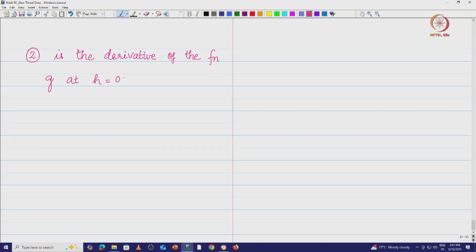What does it mean? This actually means you are going to look at dg of 0 divided by dh, which is nothing but d by dh of f of x naught plus h u 1 comma y naught plus h u 2, right. And what is this evaluated at?